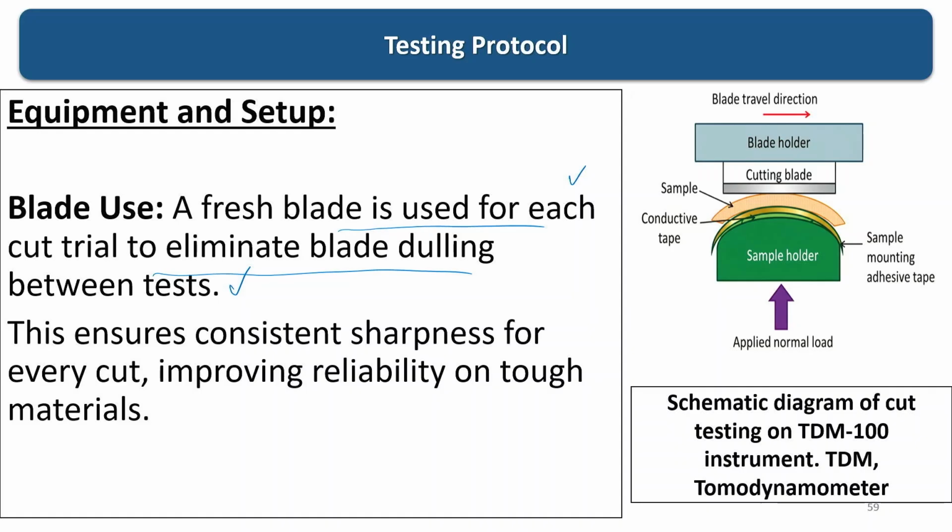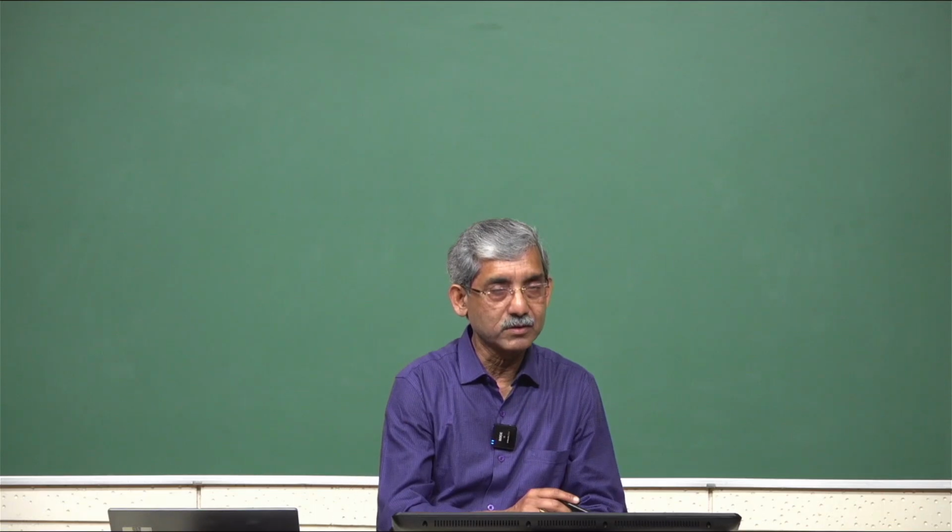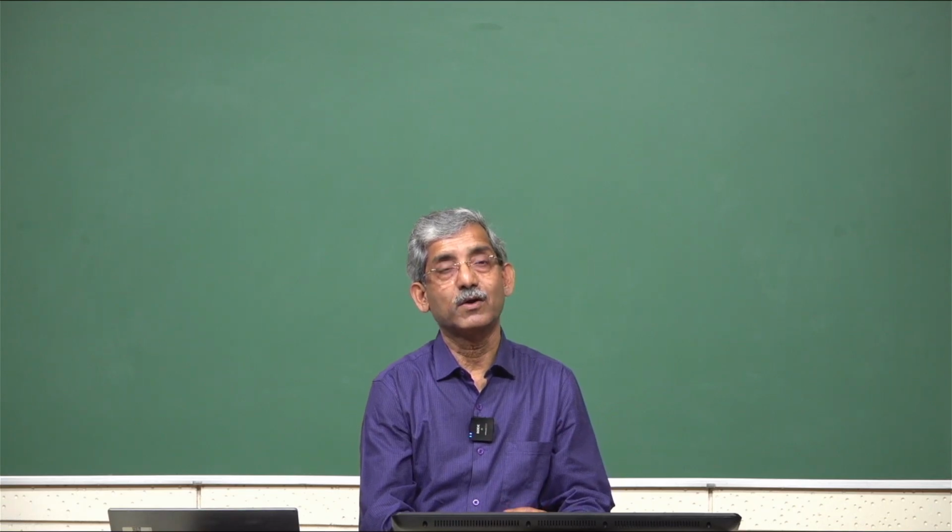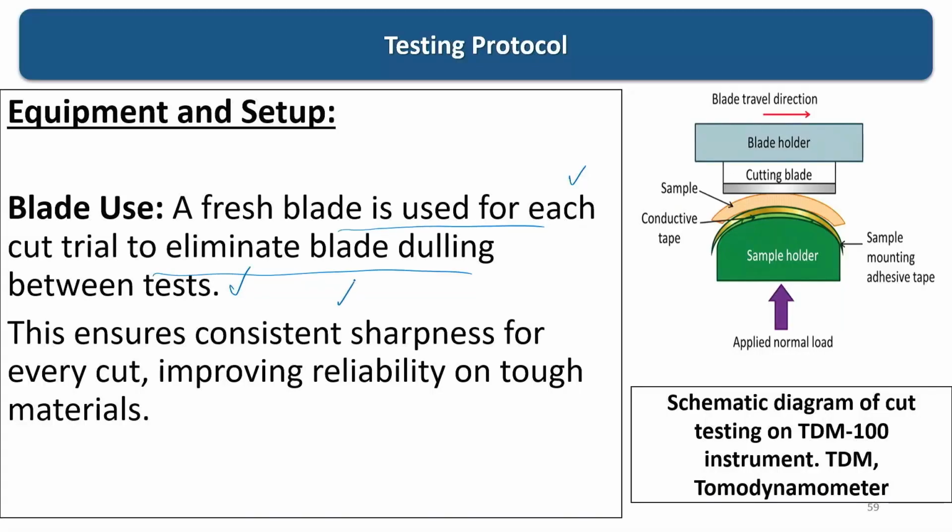To avoid wrongly interpreted results, we keep the consistent sharpness by replacing the blade every time, which improves the reliability of the cut through measurement. So, to get a correct result, we should replace the blade.